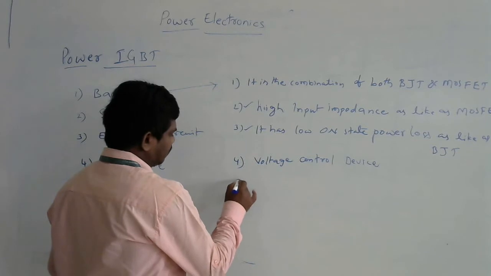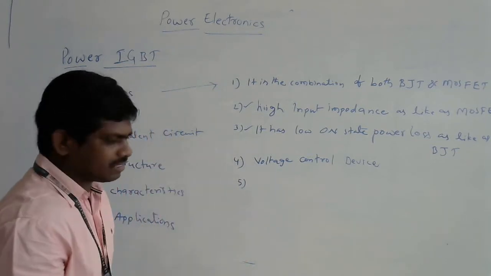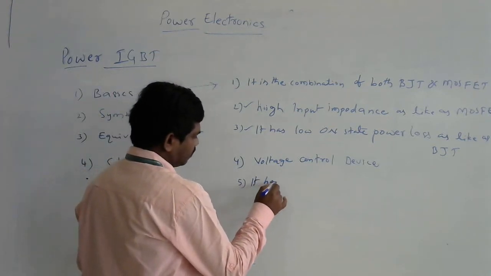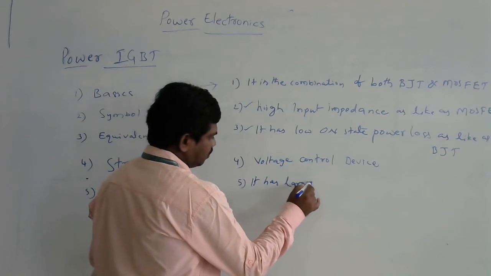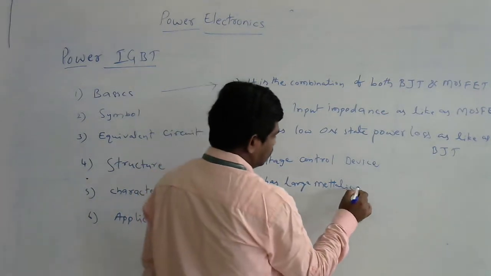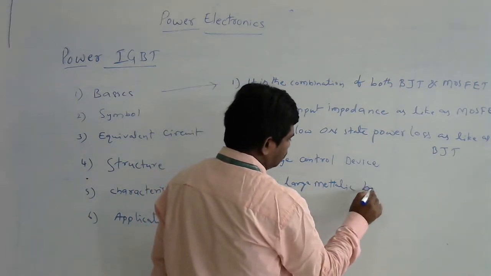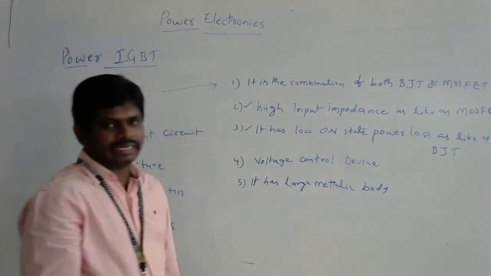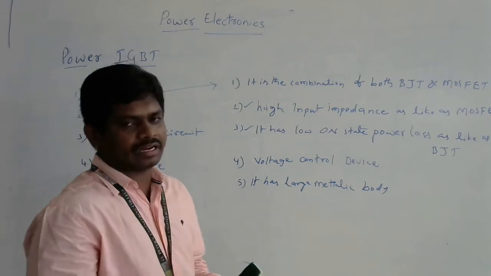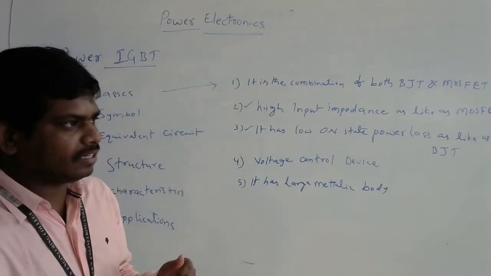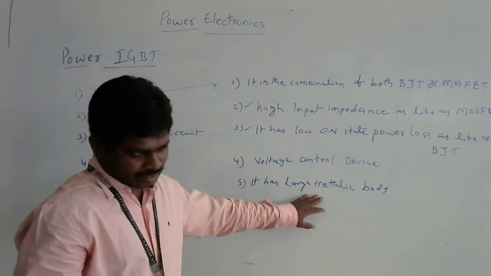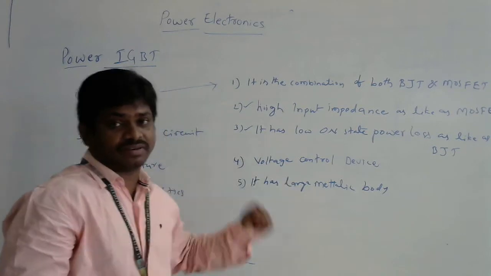And one more point that we have to remember is it has a large metallic body, which helps to bring out the heat generated inside the switching device. So we can protect the device from higher temperature values when we use a larger metallic body for this device.